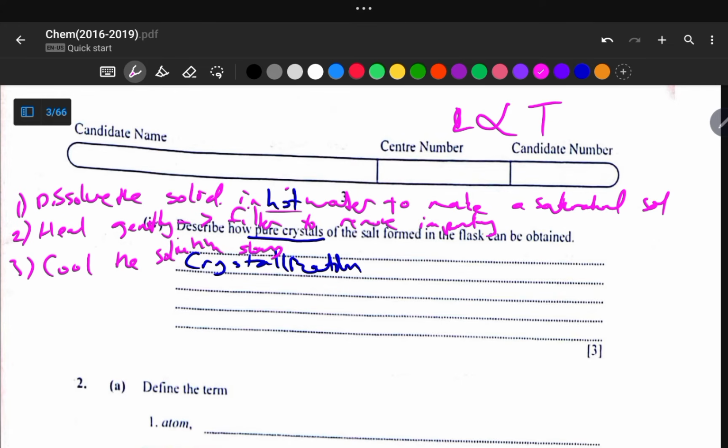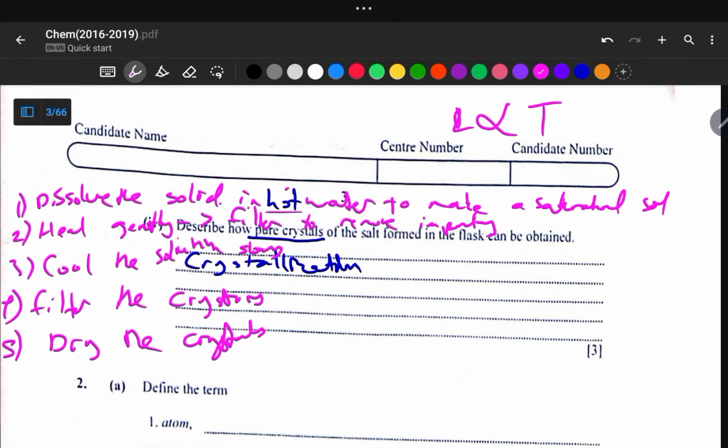We cool the solution slowly, and then on step number 4, we are going to filter the crystals, right? We are going to filter the crystals to remove our remaining liquid, and then on the last step, step number 5, we are going to dry the crystals by pressing them between the filter papers, right?